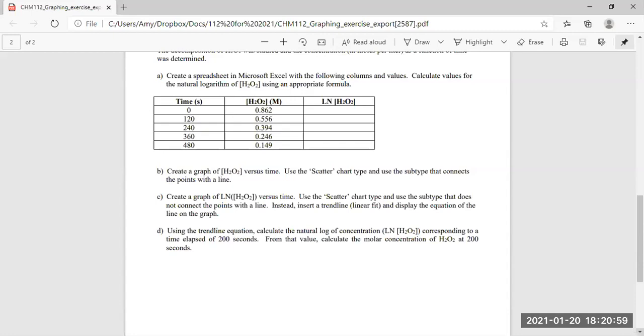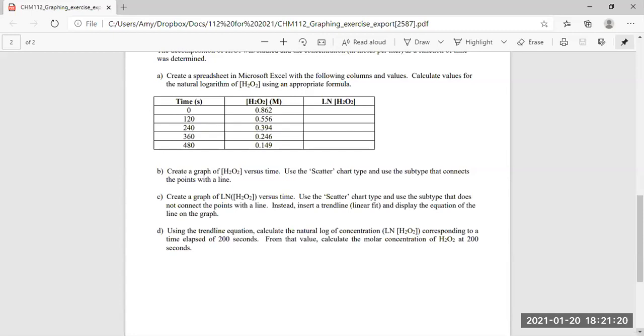But it's not going to give you a straight line. Choose the scatter version that allows you to connect the dots. It will give you a little bit wobbly curve, but kind of a curve.